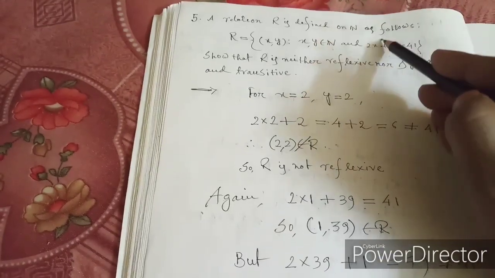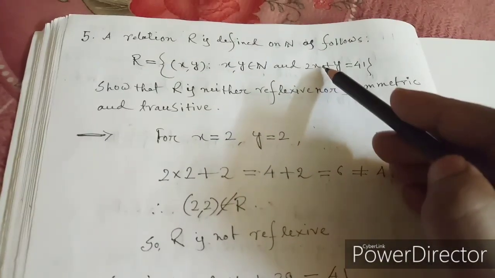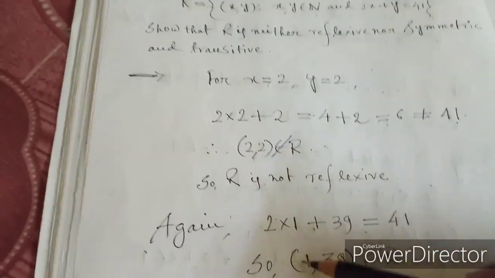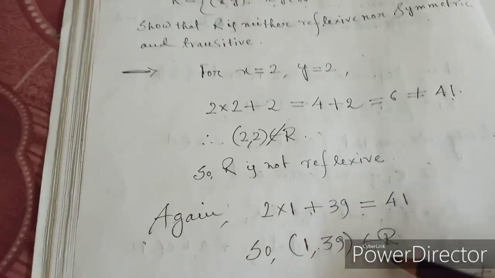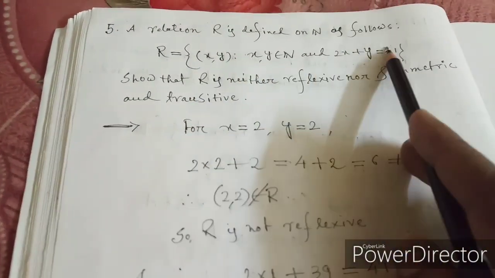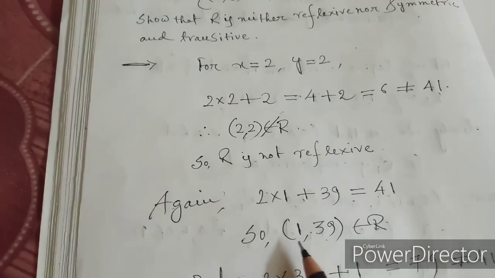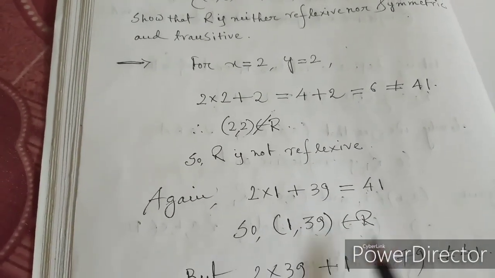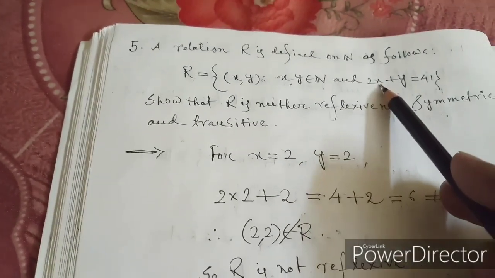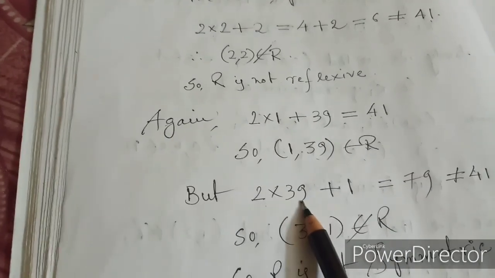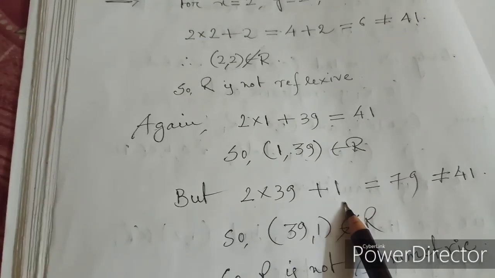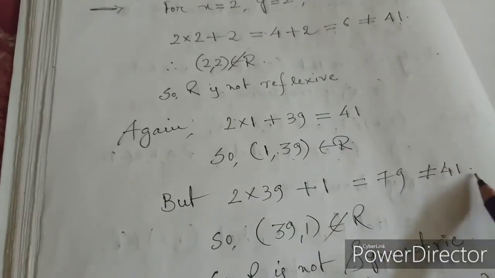Here x is 1 and y is 39. So (1,39) belongs to R according to the definition of the relation R. But if we take x as 39 and y as 1, then 2 into 39 plus 1 is 78 plus 1, that is 79, not equal to 41.